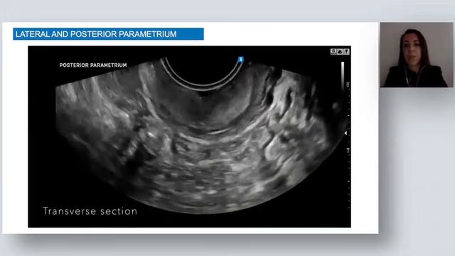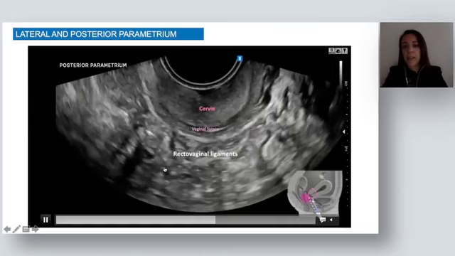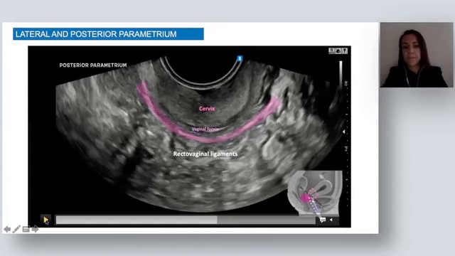Then we can move the probe more caudally, and we can obtain this section, cervix, vaginal fornix, and this hyperechoic tissue, right and left, corresponds to the rectovaginal ligaments that are in continuum with the uterosacral ligaments at the level of the cervix.